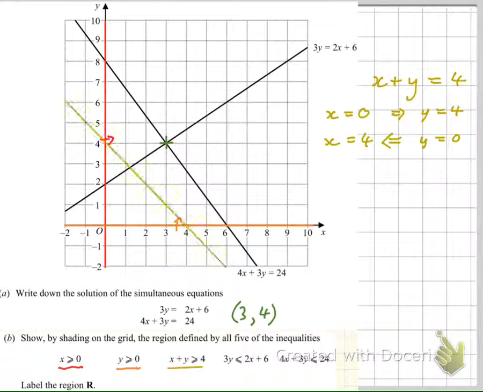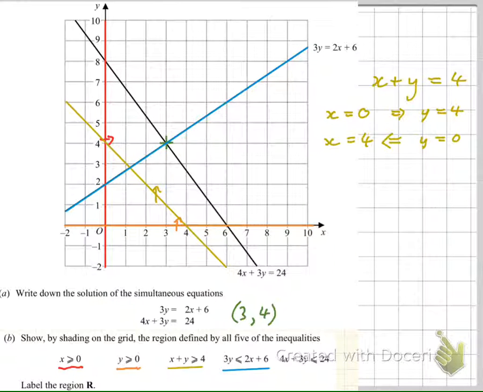So plot that line, and then we need to look at this inequality to see which side we want to be on. So make sure that it says plus y, you need a positive y, and if y is on the greater than side, it means we want to be above that line. So I've drawn an arrow pointing up on that line. Okay, the last two are just the ones that are already plotted. We just need to make sure we're on the correct side of the line.